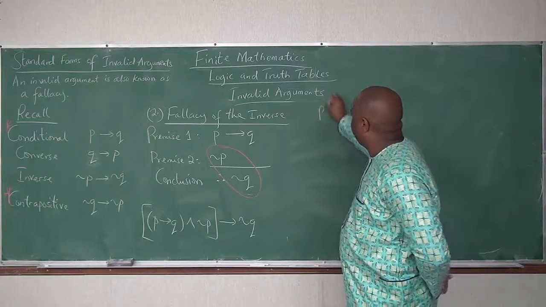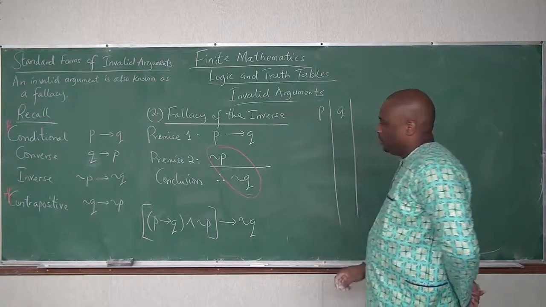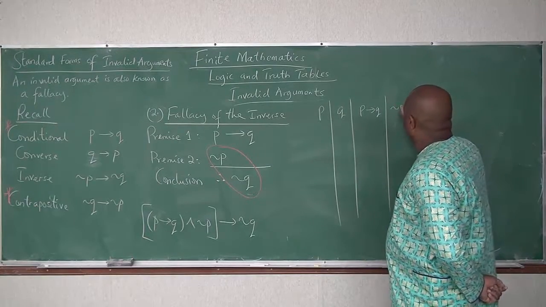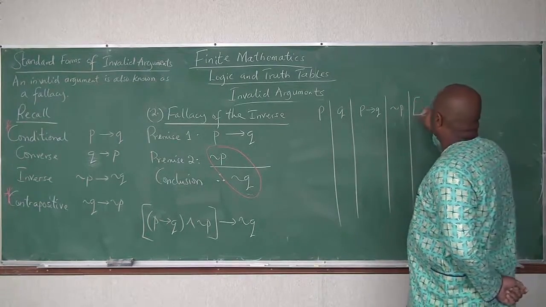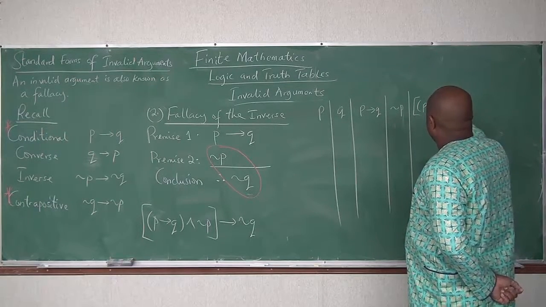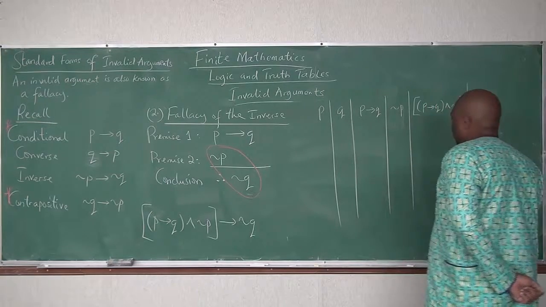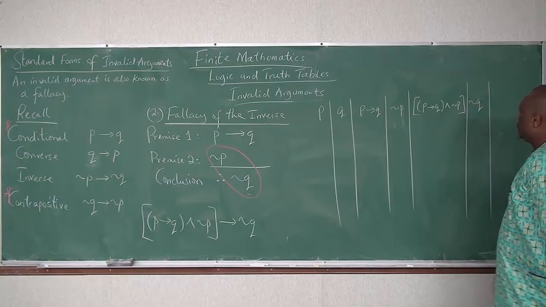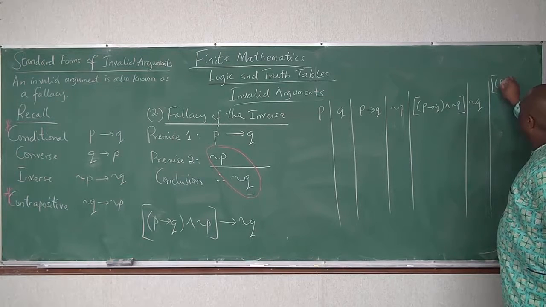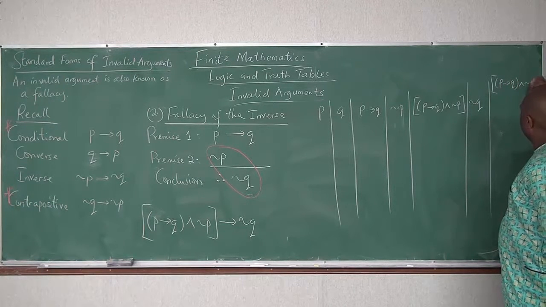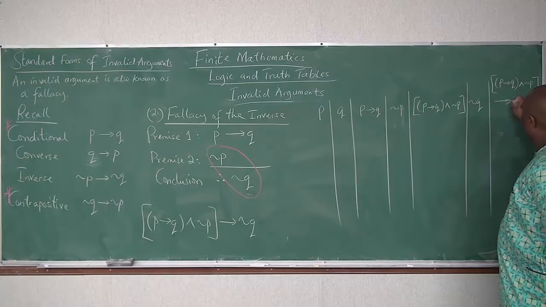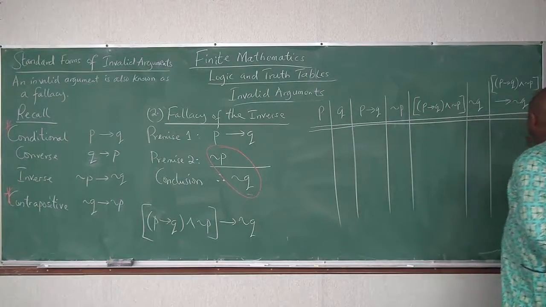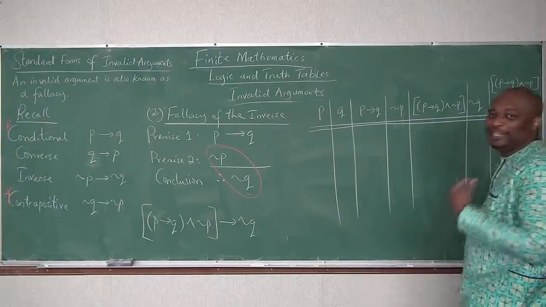So we have P, we have Q, we have P implies Q, we have not P, we have P implies Q and not P, then we have not Q, and then the last one, P implies Q and not P implies not Q. I use double lines to demarcate it, unique to me.